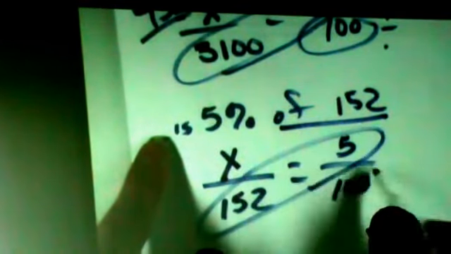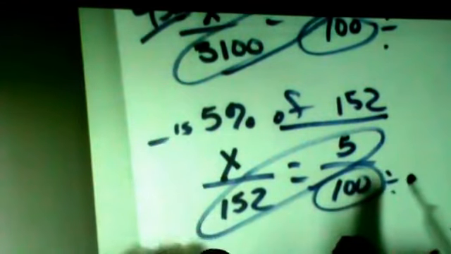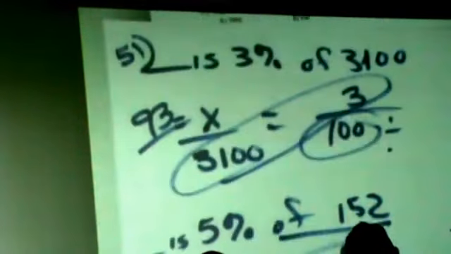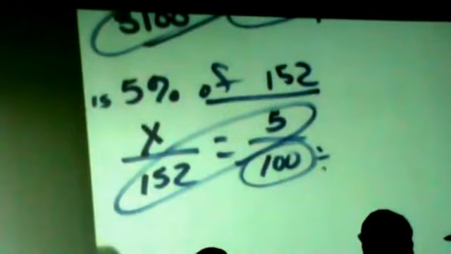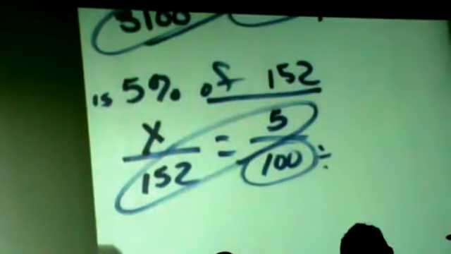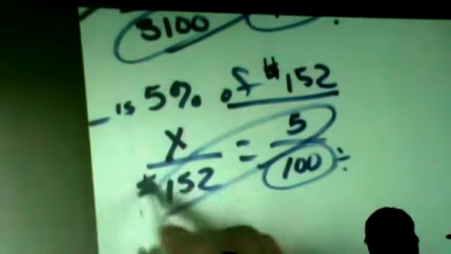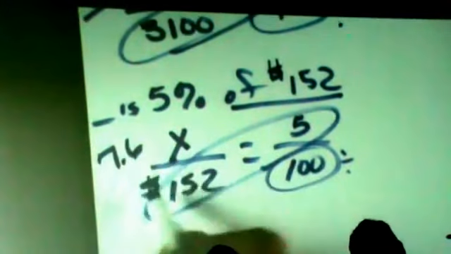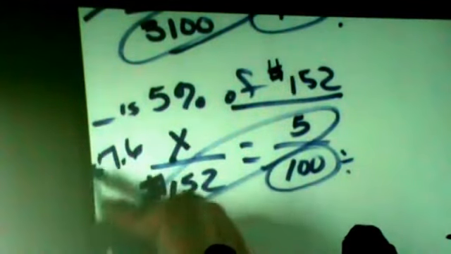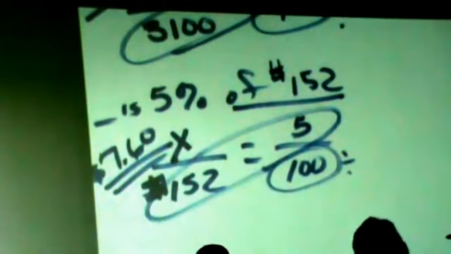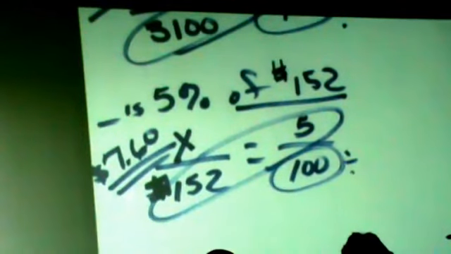What's the answer? 7.6. Okay, the 152 is actually in dollars, so it's $7.60, because it said 7.6. So we're going to put it in the dollar amount. Put the 0 there.